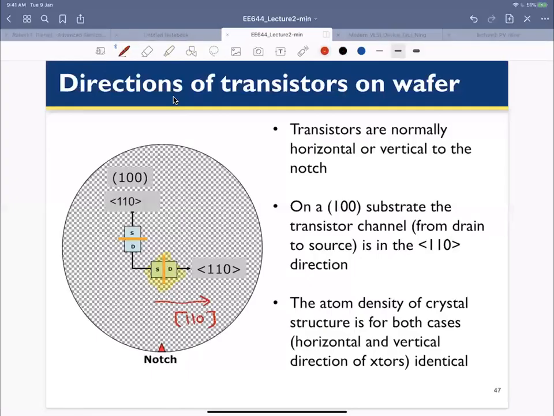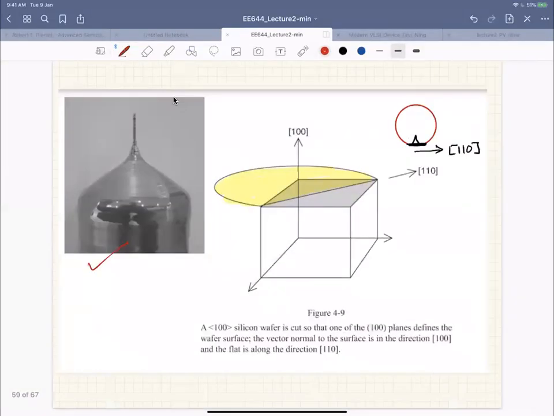If this direction is 110, the direction perpendicular to this is also 110, right? We have seen how to find out the direction.